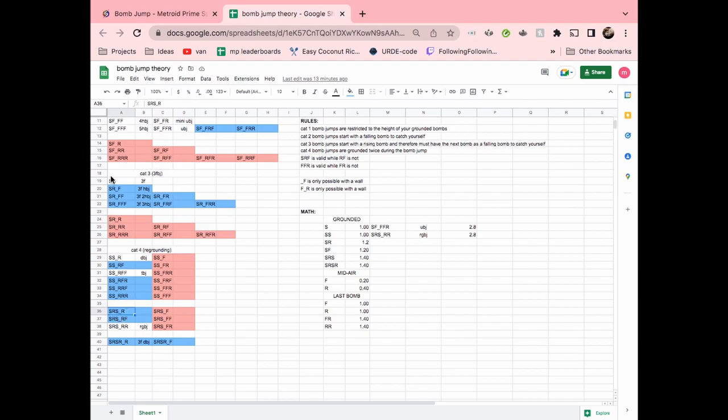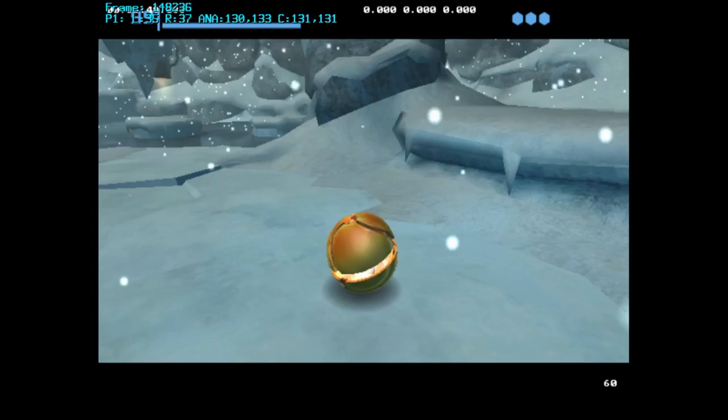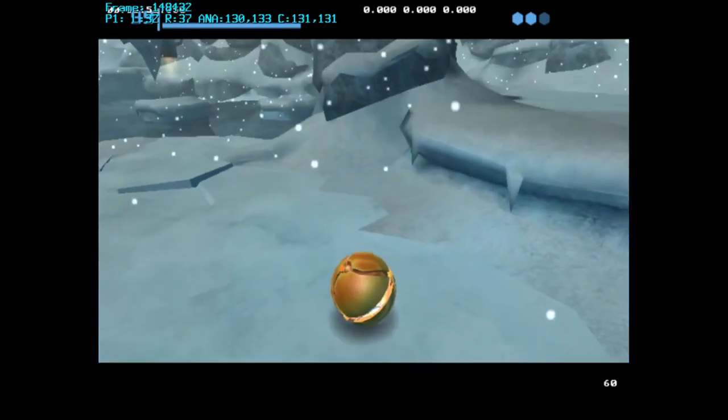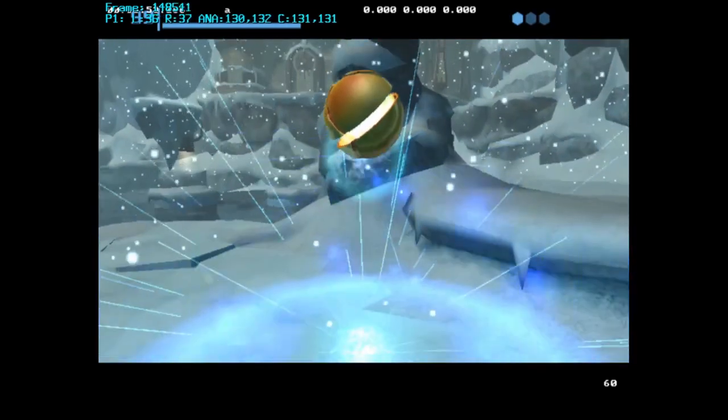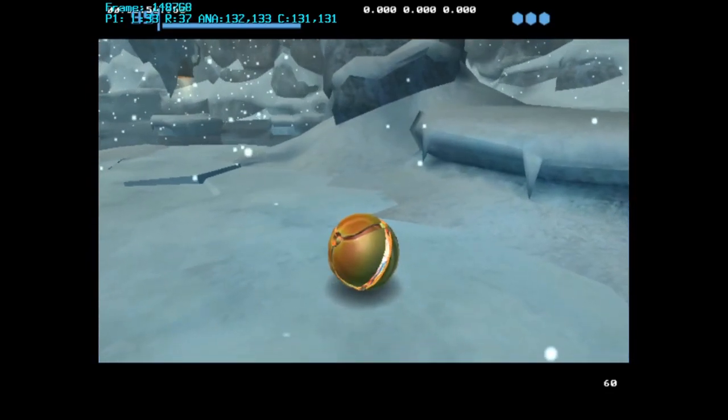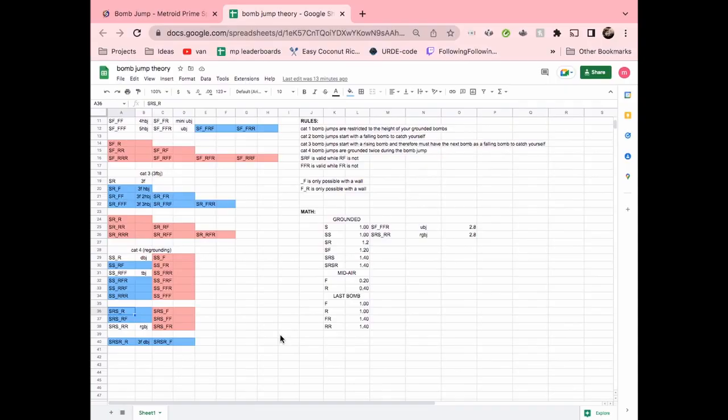Okay, so that's our SR variation: 3-frame for our first 2 bombs, and then a stationary bomb followed by a rising bomb. Let's go look at what that would look like in game. Why is that useful? Beats me. I don't know, but that's what that bomb jump would look like.